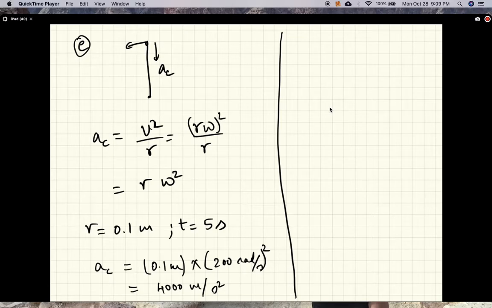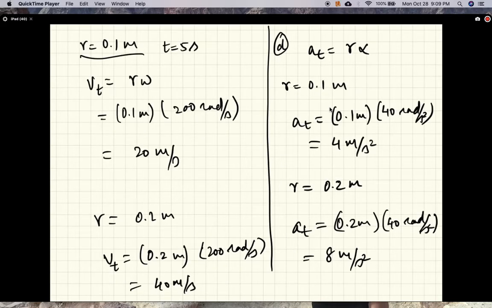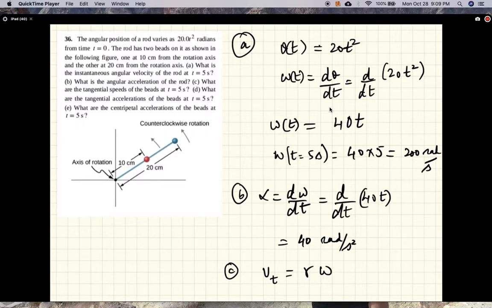And for r equal to 0.2 meters, the centripetal acceleration is again rω². Let me make sure that ω is indeed 200 radians per second. Yep.